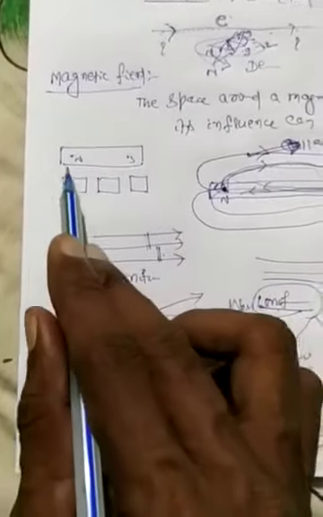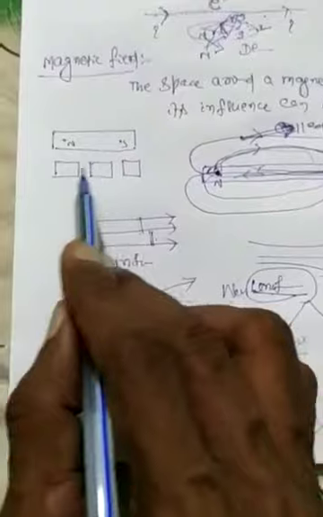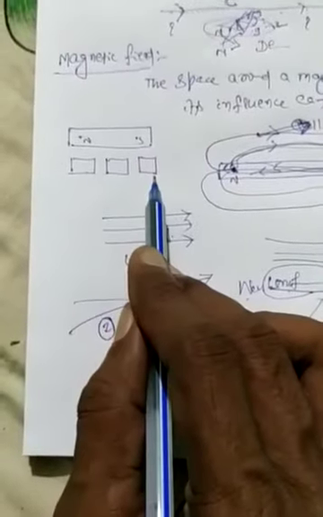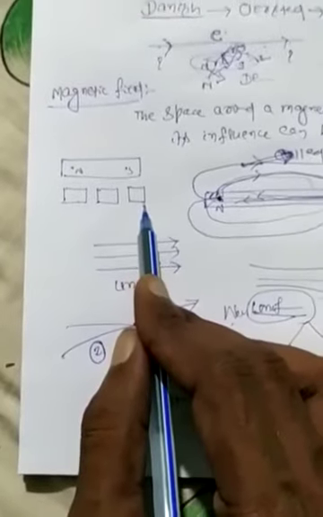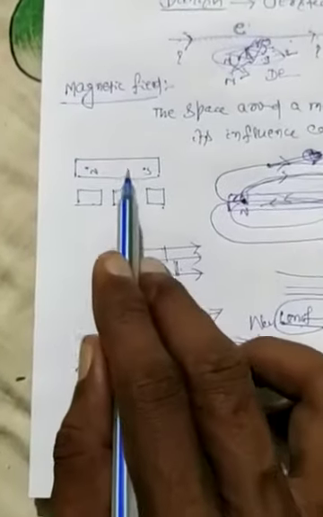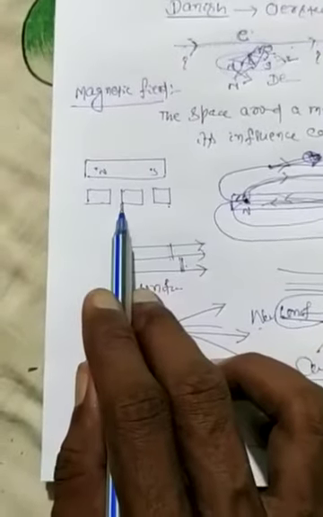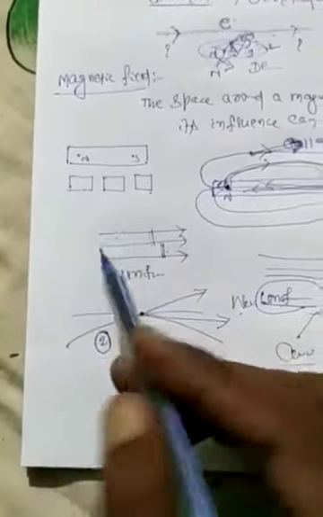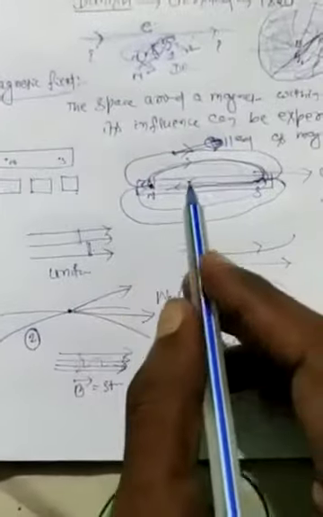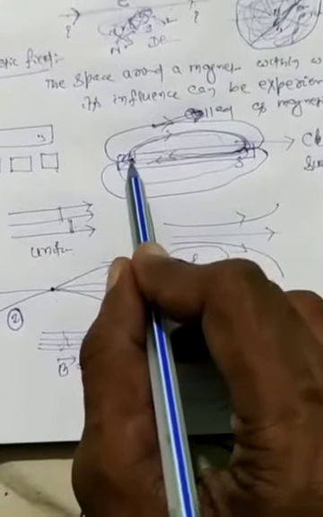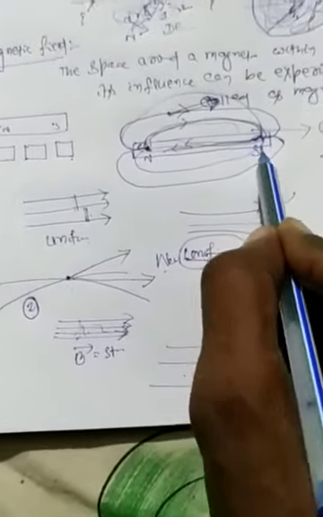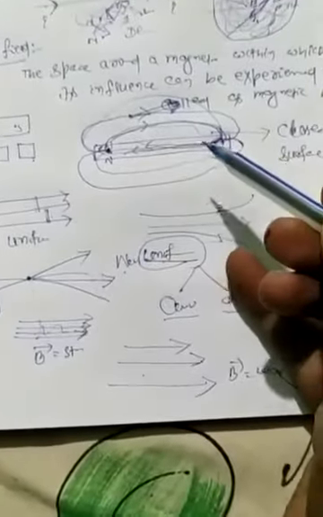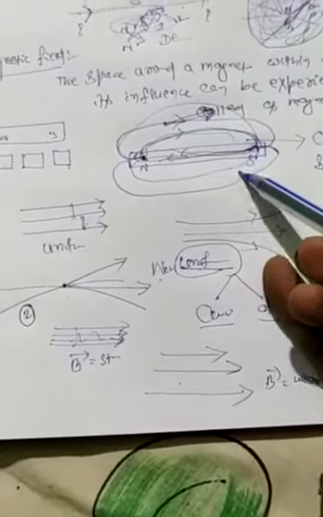Thus magnetic north and south poles cannot be isolated, and thus the magnetic lines are always closed curves, because they start from the north pole and reach the south pole outside the bar magnet, and inside the bar magnet they go from south pole to north pole.